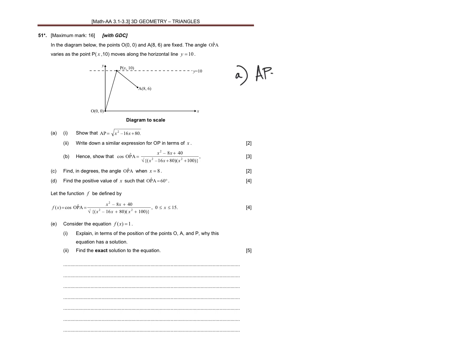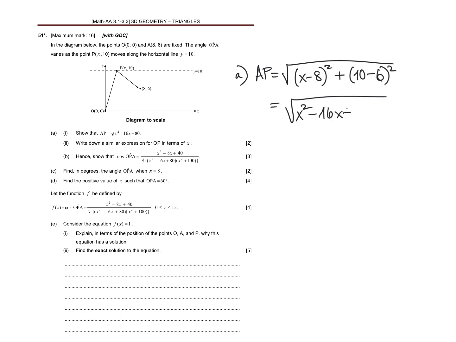So we've got the square root of the x's subtracted and squared plus the y's subtracted and squared. So that's x squared minus 16x plus 64 plus 16. So that's your x squared minus 16x plus 80.